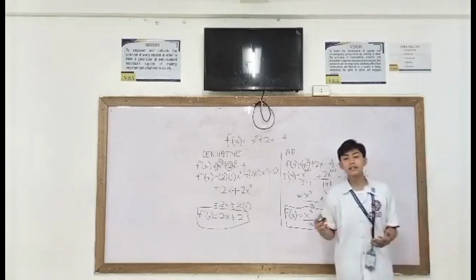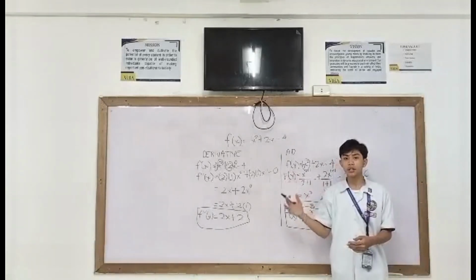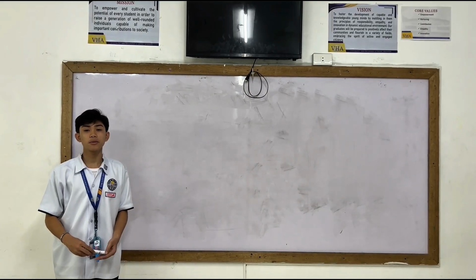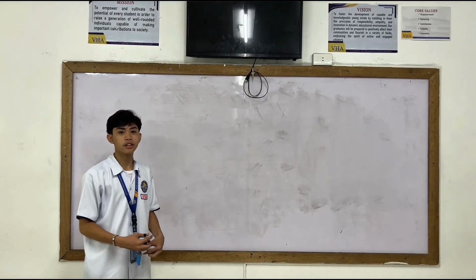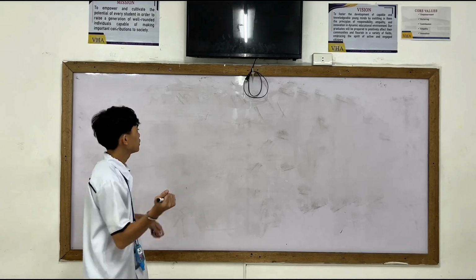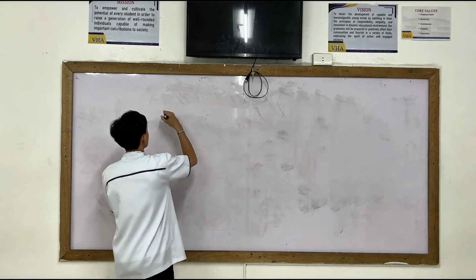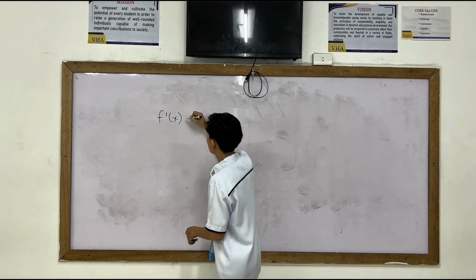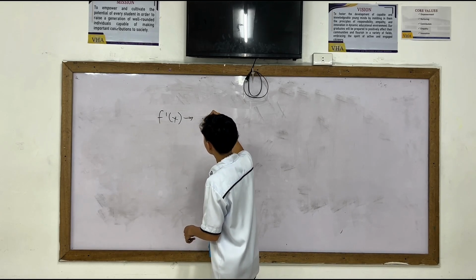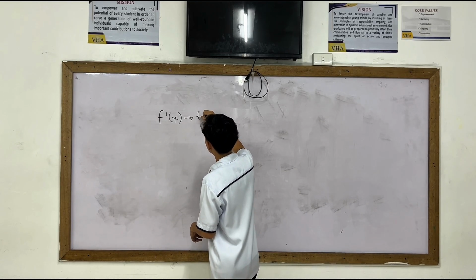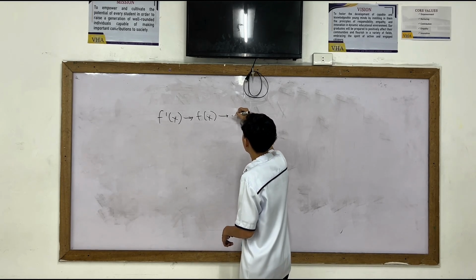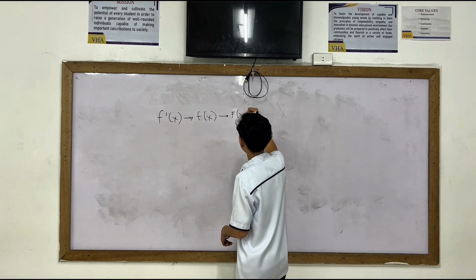So that is the difference between derivative and antiderivative. Another way to differentiate antiderivatives and derivatives is this: let's say we have f prime of x, and then it goes to f of x, and then f of x will become capital F of x.